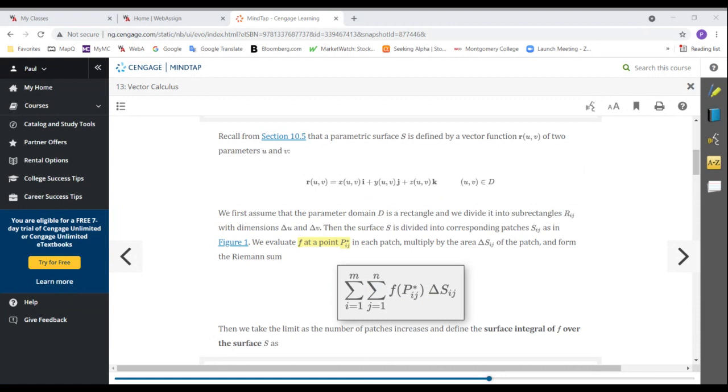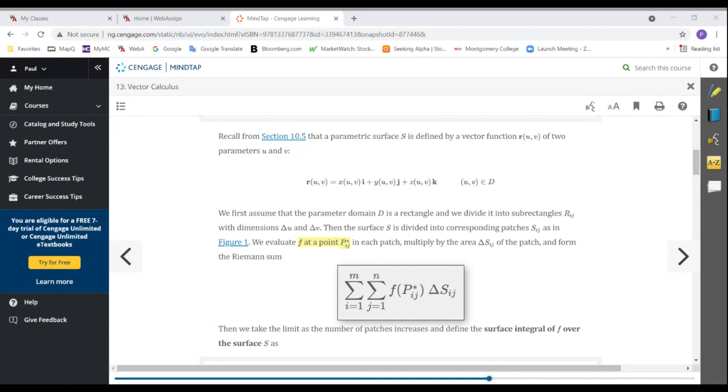For a sample of coordinates x, y, and z, we're going to evaluate the function, and then multiply that function by the area of a patch on the surface.